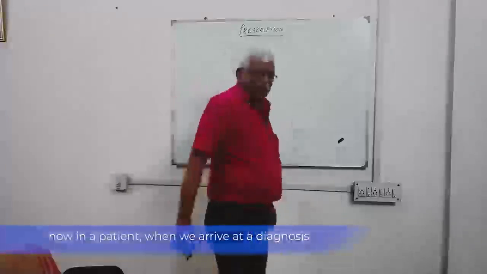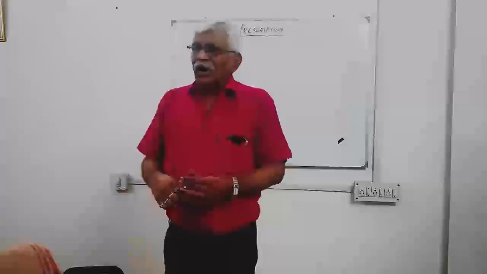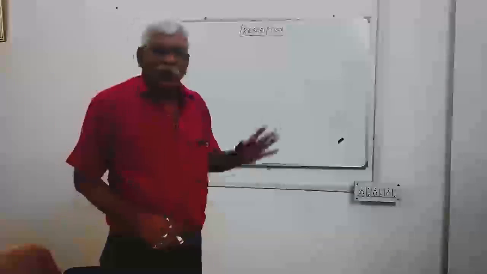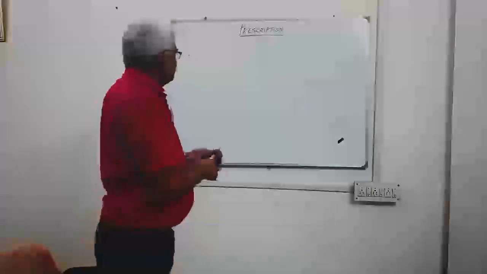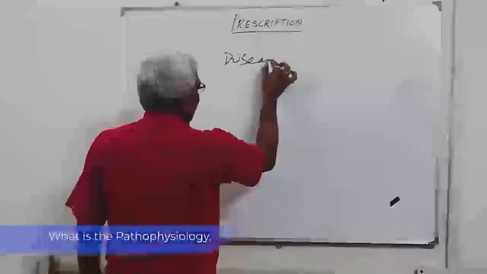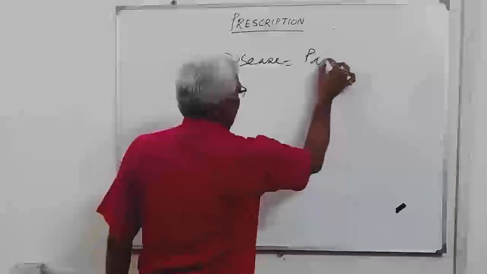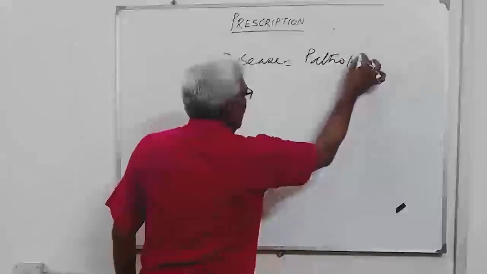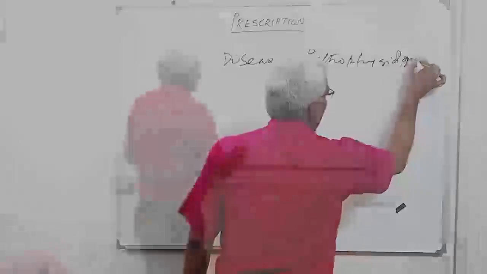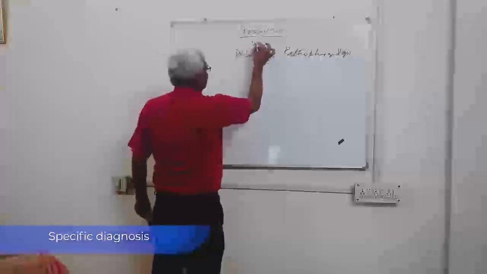Now when you arrive at a diagnosis, in a prescription, what are the things you keep in your mind? Number one, what is the disease? So for the disease process, you must know the pathophysiology and the specific diagnosis.